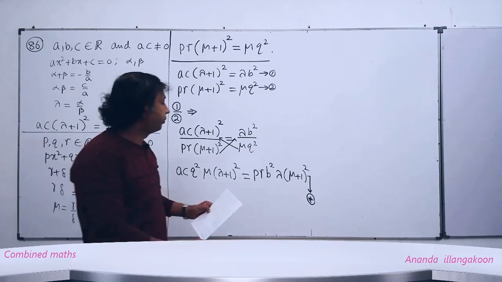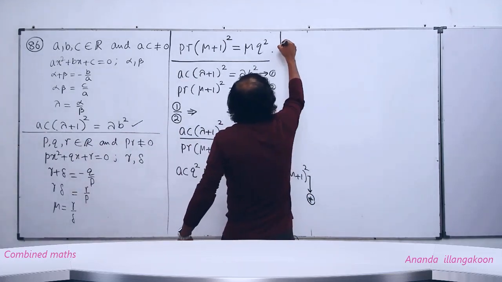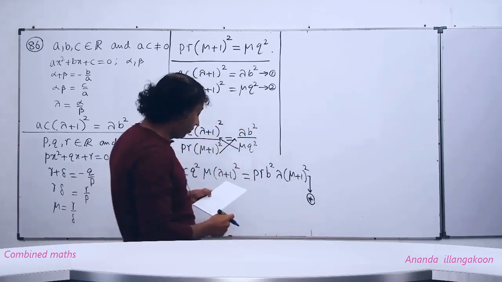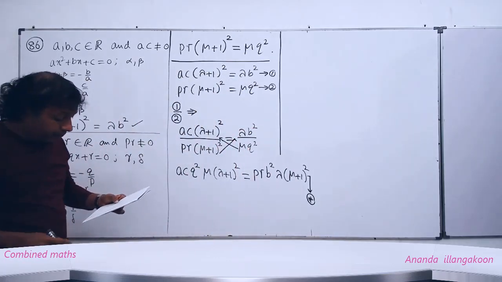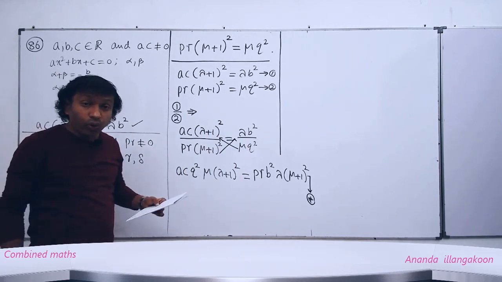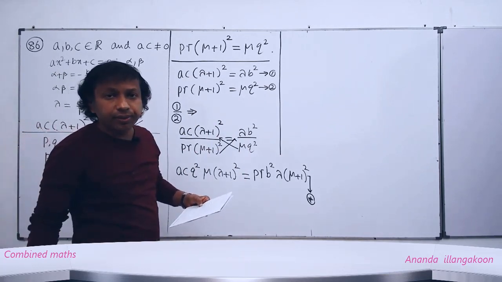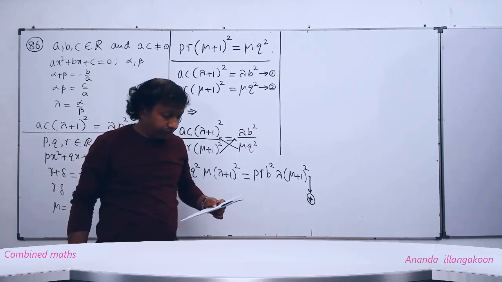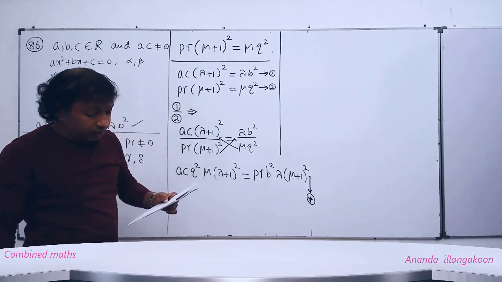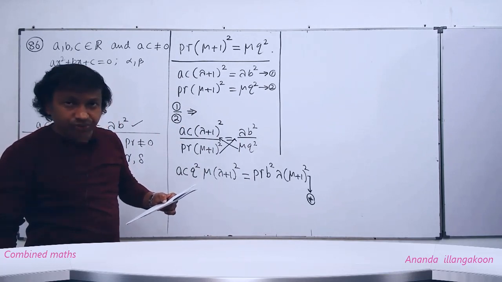Given this, show that lambda equals mu or lambda equals 1 upon mu holds. Holds means, people, valid, true, if and only if ACQ squared equals PRB squared.